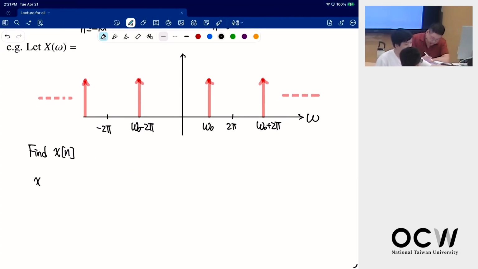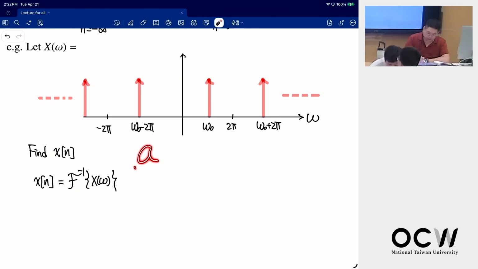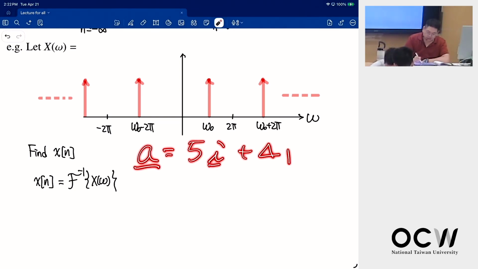Let's just follow the formula. Or you can think, how can I get your signal? Still remember that vector A is 5i plus 4j.